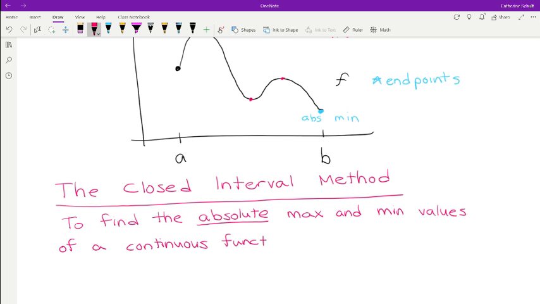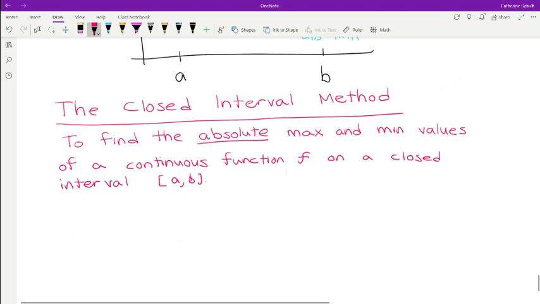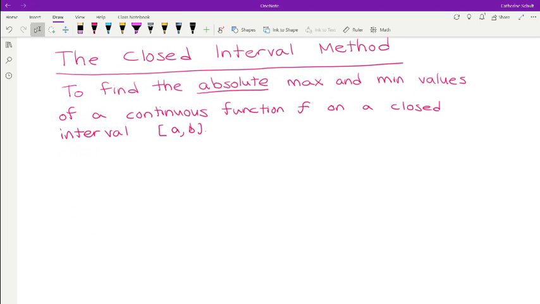Continuous function. We'll call it f. And then we also have to have it on a closed interval. Okay. And it's a step-by-step process, okay? And let me underline these two important things. We need a continuous function and it has to be on a closed interval.